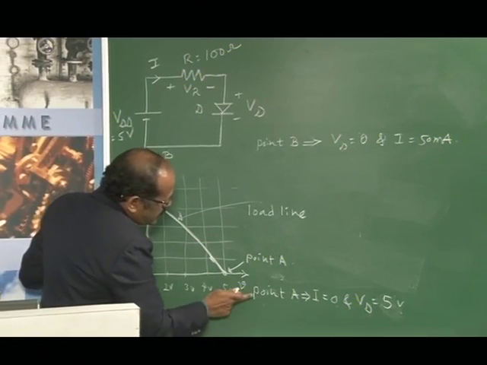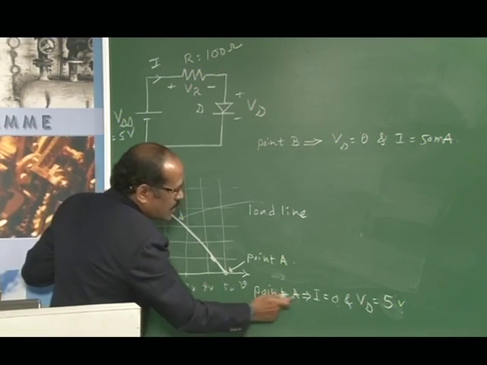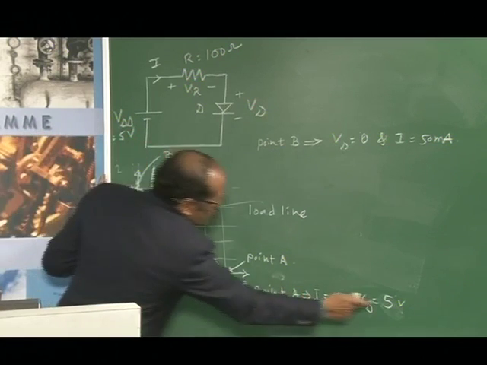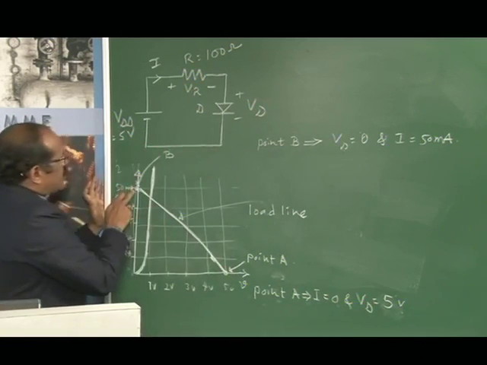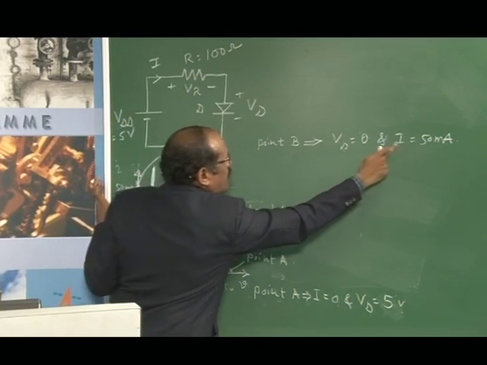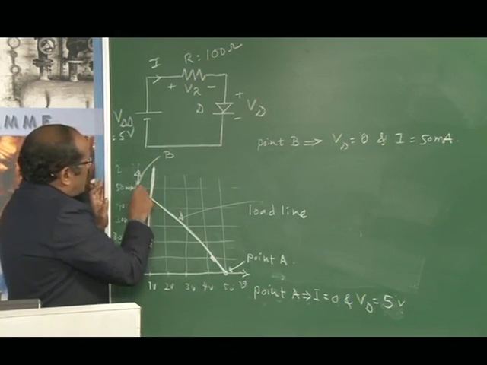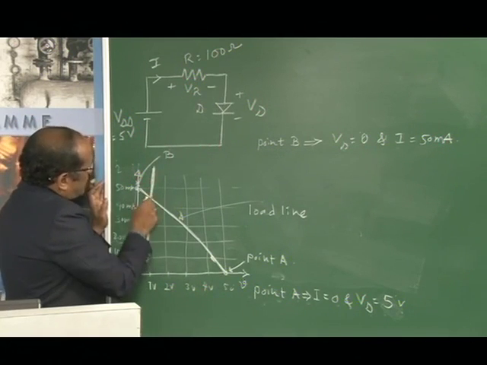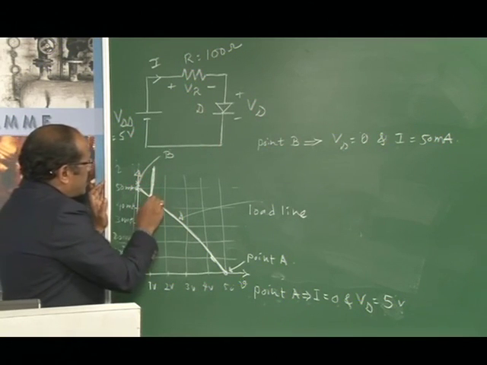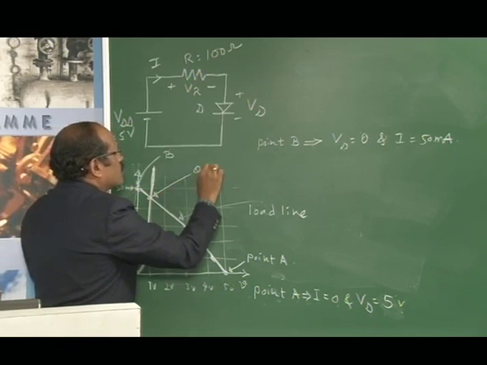The extreme points of this load line are point A, representing I equal to 0 and VD equal to 5 volts, and point B, corresponding to VD equal to 0 and I equal to 50 milliampere. Then the intersection between this load line and the VI characteristics, we call the Q point.